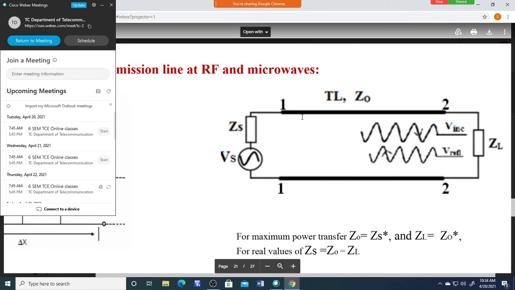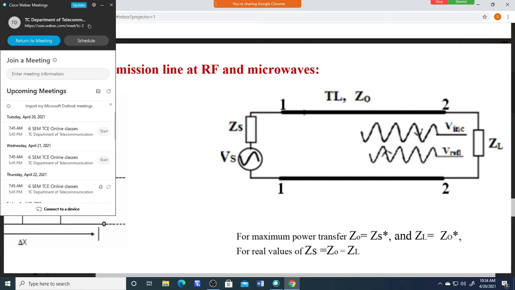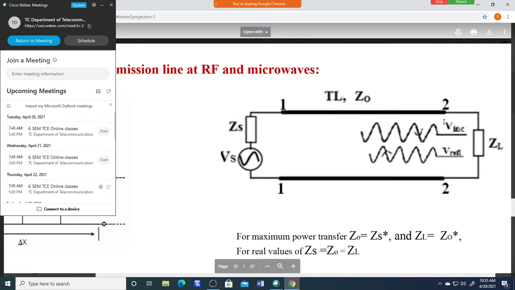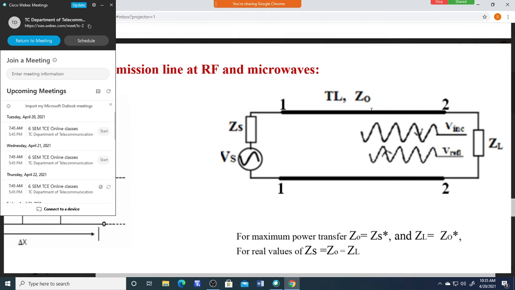This is the circuit we have. If you measure the voltage here, it is different from the voltage we are measuring here. As you move like this, the voltage varies over this line. Similarly, the current also changes here, and impedance also changes over this line.